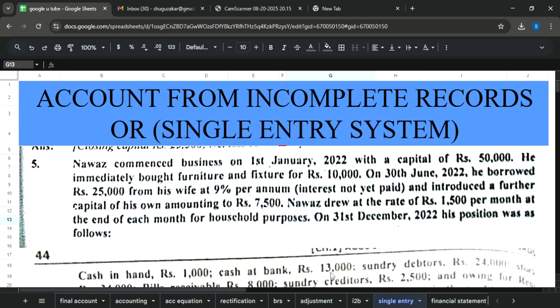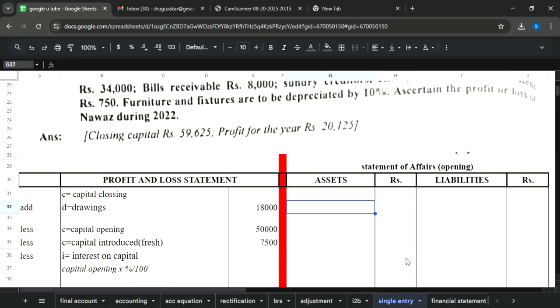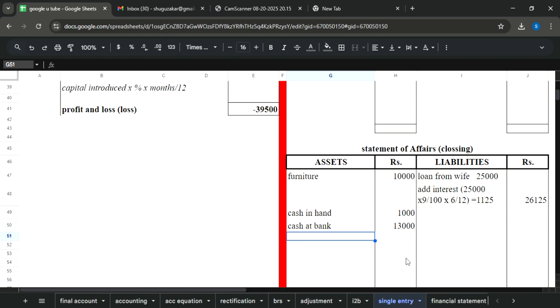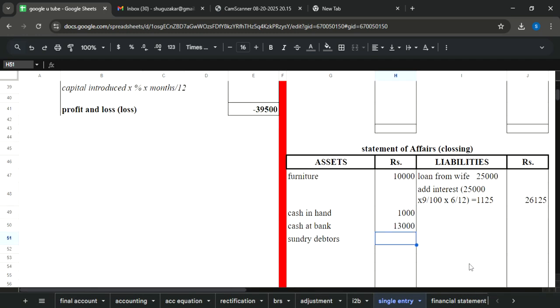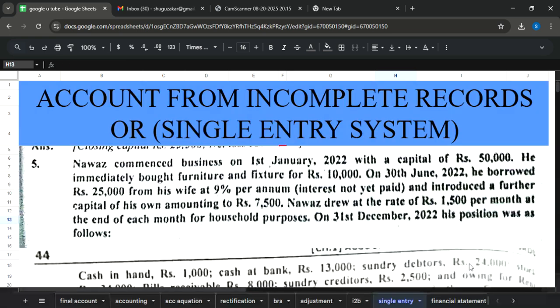After that we have sundry debtors. Again it's your asset. The amount of sundry debtors mentioned is 24,000. Write it down in the closing asset side. After sundry debtors we have stock.